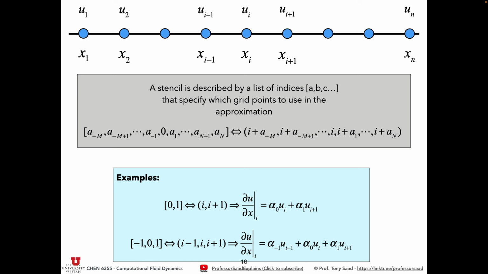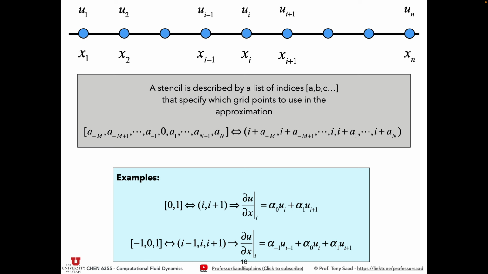That means you're going to use points i and i plus 1 to compute this approximation. This approximation is then formally defined as some coefficient times the value at ui, and some coefficient times ui plus 1, since those are our stencil points i and i plus 1.